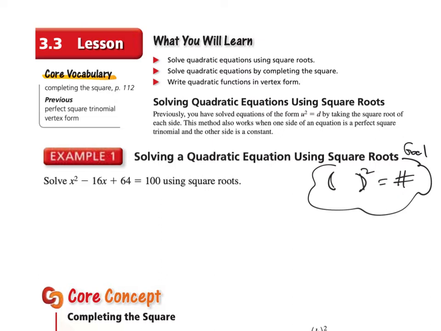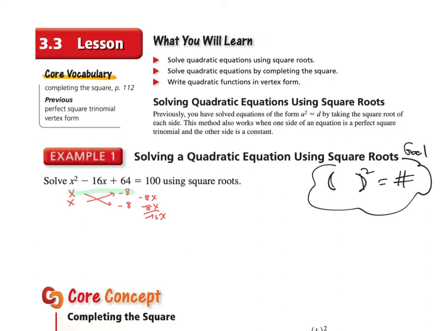So x squared, remember how I factor. x squared is x times x. 64 is negative 8 times negative 8. And when you cross multiply, you get negative 8x, negative 8x equals negative 16x. That is your middle term. So your factors are straight across.